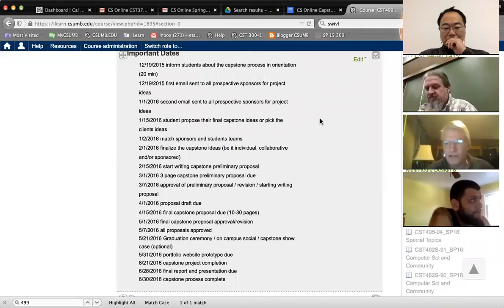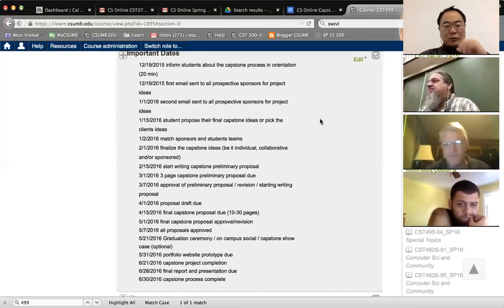It will give you module 0, and that will contain important dates and the deliverables you'll need to do prior to the official registration of CST 499, which will be before the summer. So you will have to officially register for CST 499 when the course begins, but we're going to manually add you to this, so you'll be able to interact with it and complete your assignments.